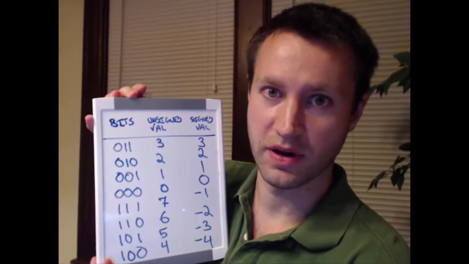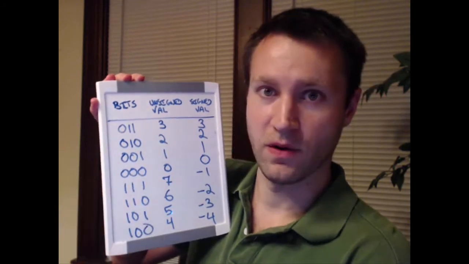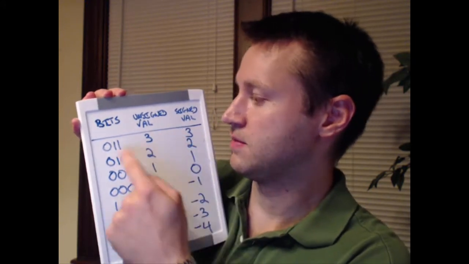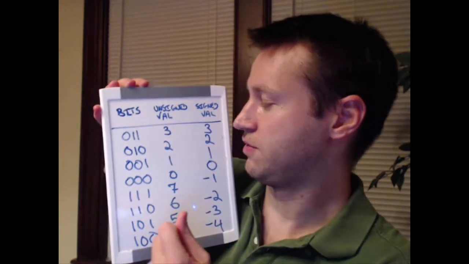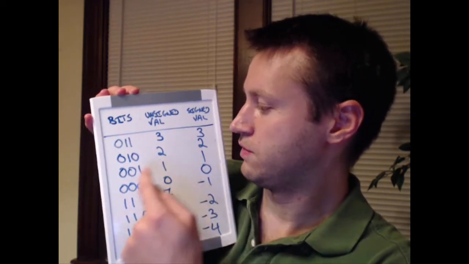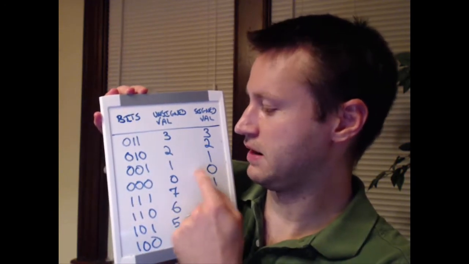Here are all the possible combinations of 3 bits, not maybe in the order that you're used to them. So 0, 1, 1 is the maximum signed value that's possible with 3 bits, 3. Unsigned it's just equal to 3 as well. So these two are the same. 0, 1, 0, 2, 2, those are the same. 0, 0, 0 is the same for both signed and unsigned.